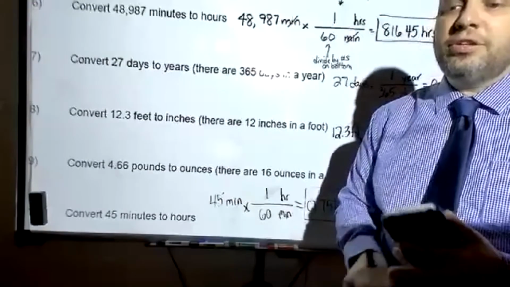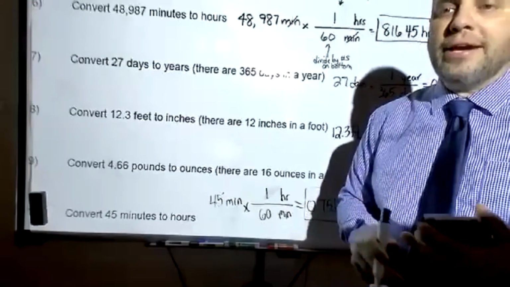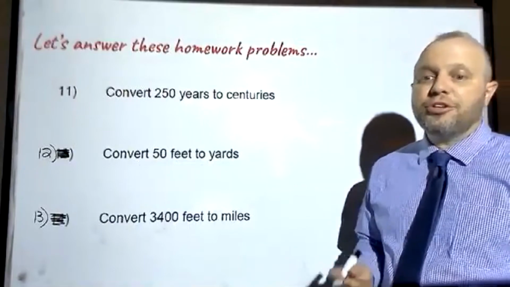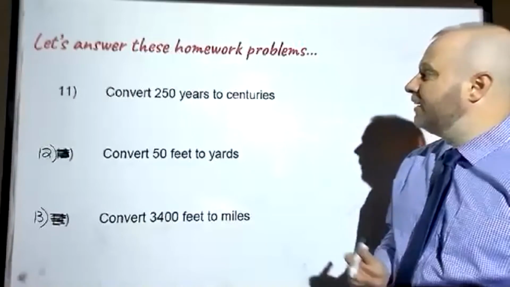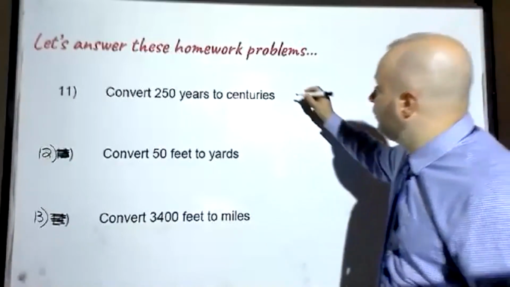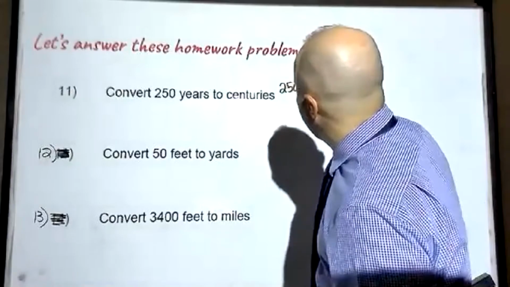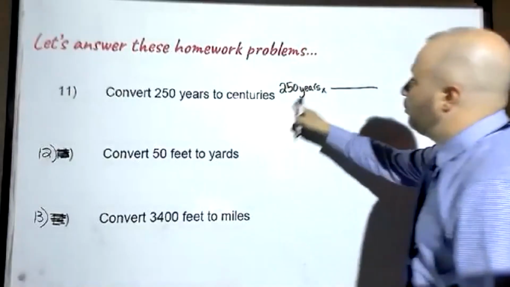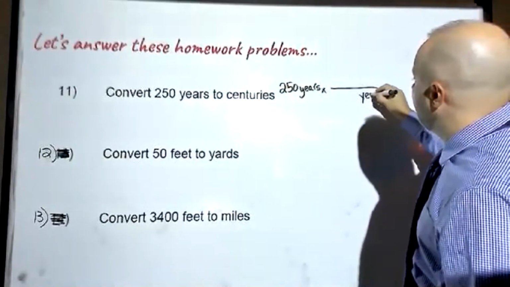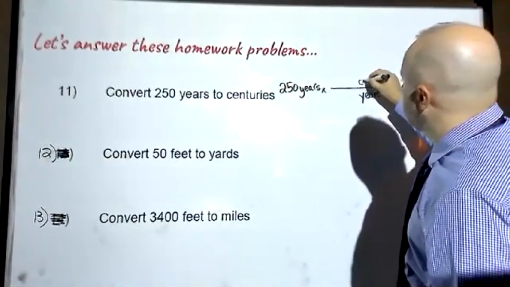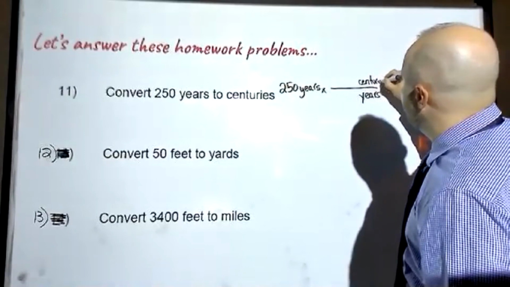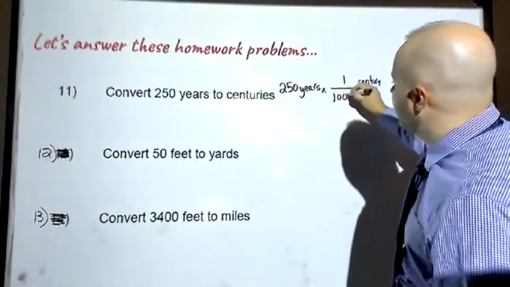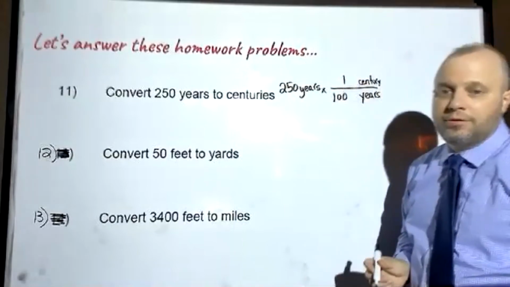Okay, we're gonna go on to the last 3 problems now. Okay, taking a look at problem number 11, we have convert 250 years into centuries. So we have 250 years. We want years to cancel out, so years is going to go on the bottom. We want to end up in centuries, so that's going to go on top. 1 century is 100 years.